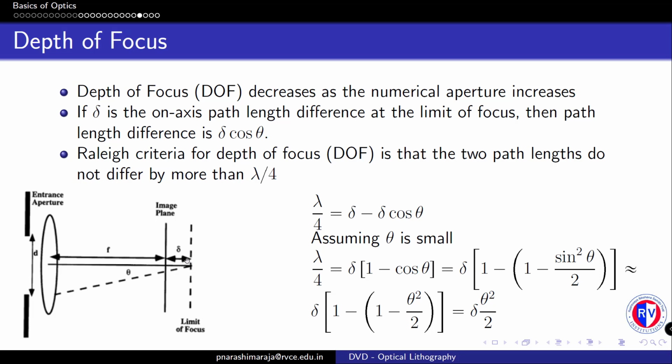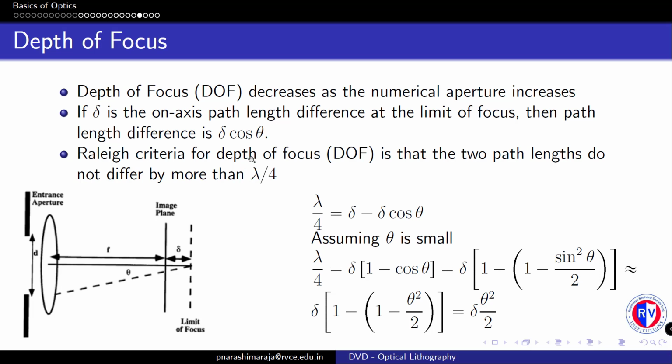What I really mean here is, you can see that there are two paths that approach this image plane, and at the limit of focus there are two paths, one from the center of the lens, the other from the edge of the lens. Obviously these two paths will have a difference between them, and what this Rayleigh criterion conveys to us is that this path length difference should not be more than lambda by 4.